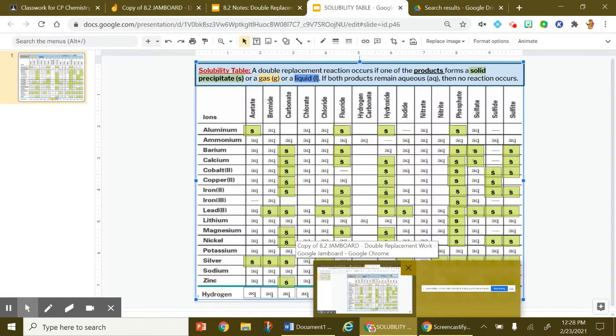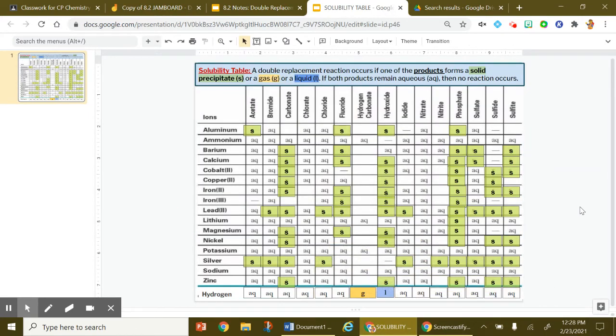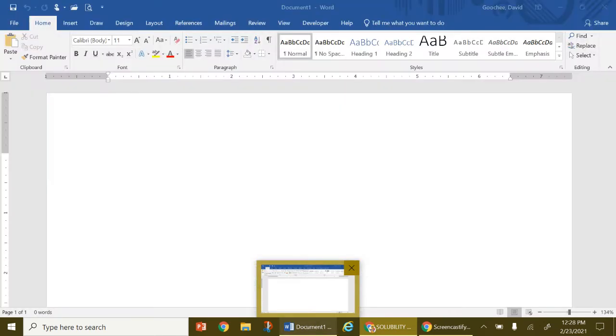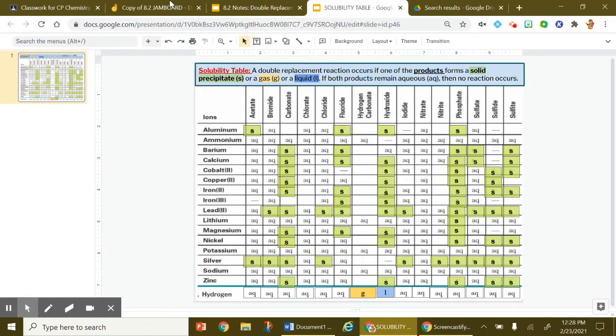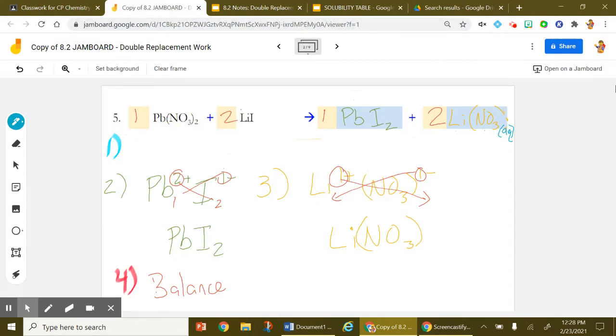So we go to the solubility table. Lead-2 iodide. Take a look. Lead-2 iodide does form a solid. It is not soluble in water. And so I would write here a little S for solid.